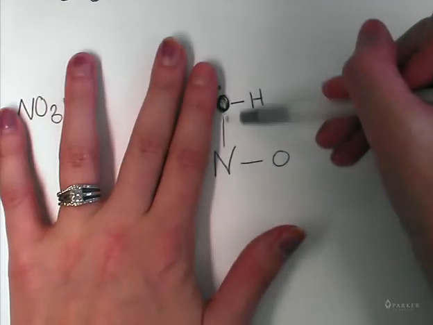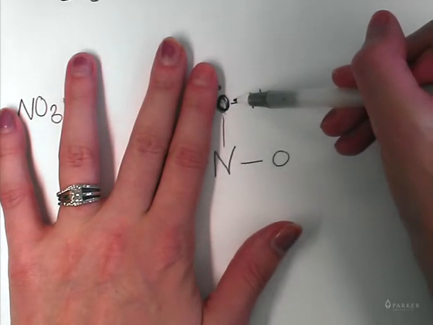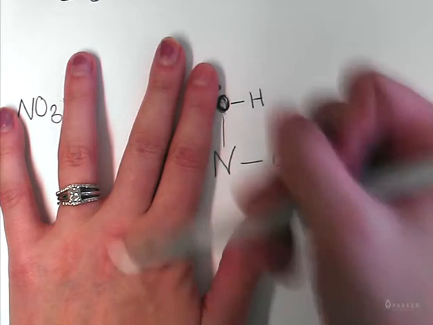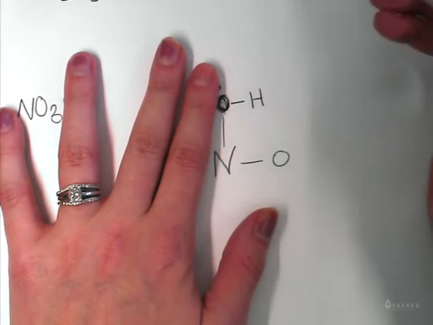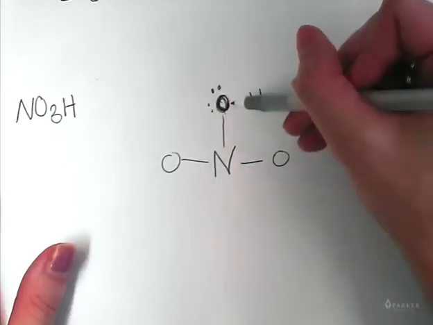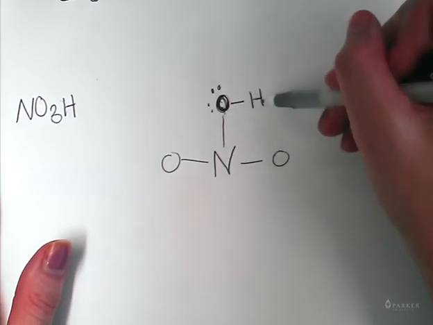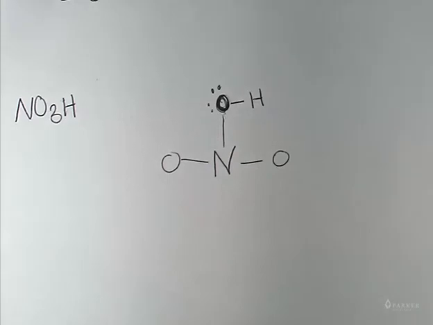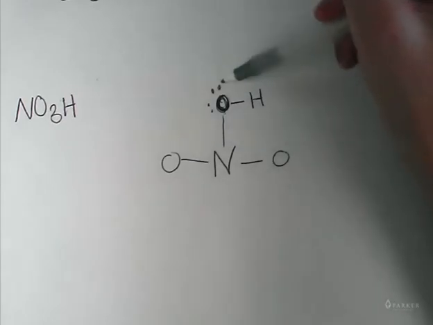Well, 1, 2. Yeah, it's sharing these two, but I'm saying counting the total number of shared together would be 4. So it's contributing these two to the bonds, but total sharing, looking at all of them, is 4. So now we have 8.